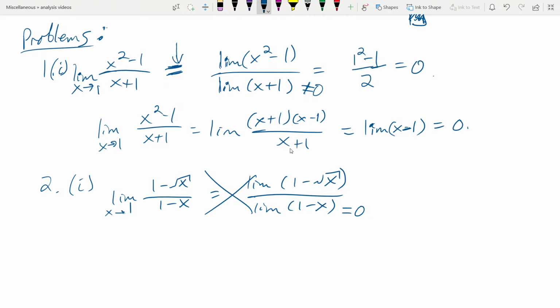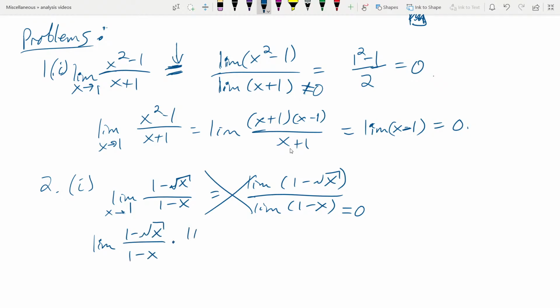However, that doesn't mean that the total limit does not exist, because there could be some cancellation, and it happens that there is in this case. So we have to do a bit of algebraic manipulation before we can actually plug in any numbers. The usual trick when dealing with radicals is to multiply by the conjugate. Again, I'm going to suppress the subscript for the limit.